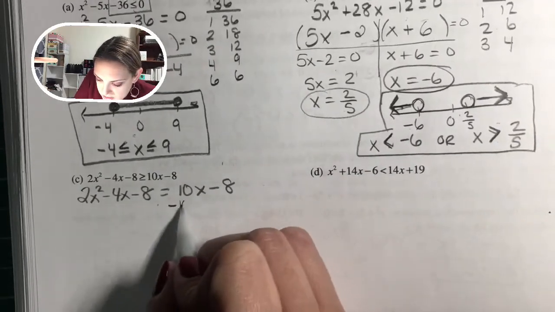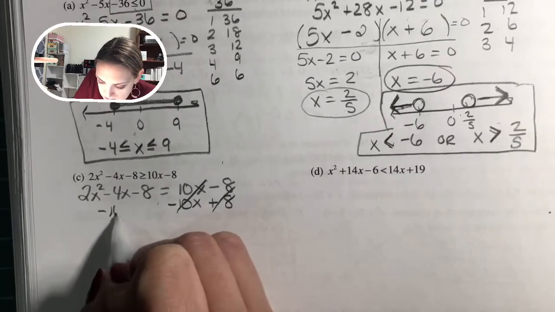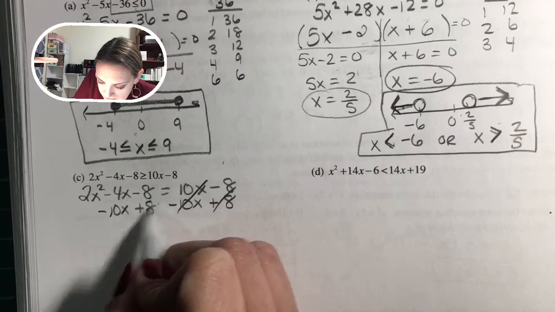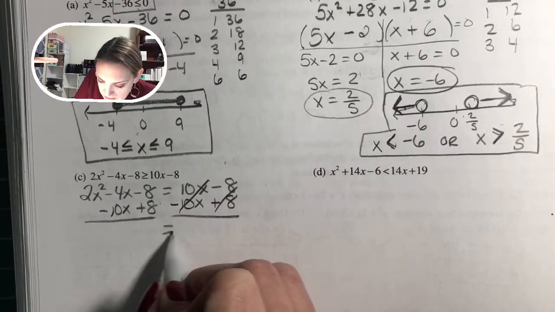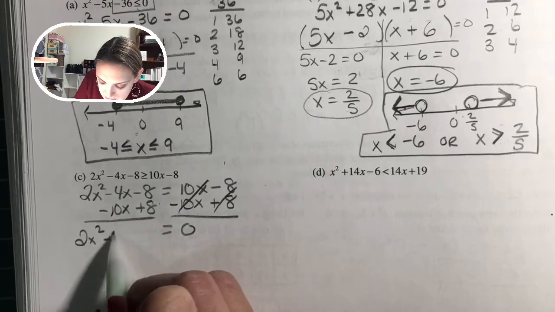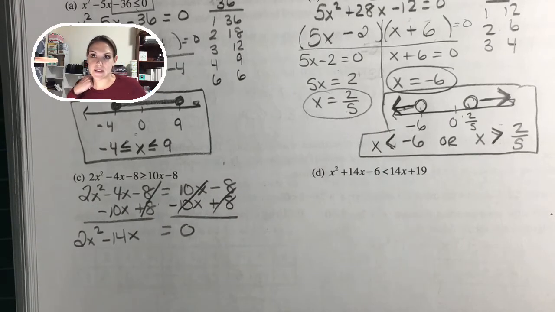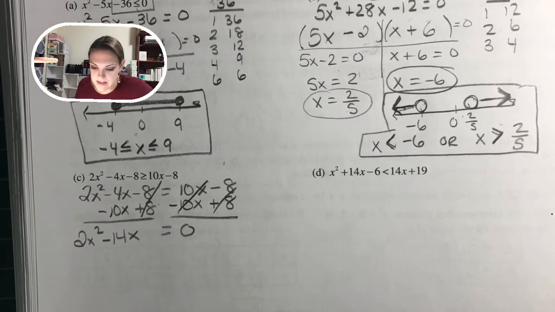So I'm going to subtract the 10x and add the 8, and I add down on this side. Just so happens that those are opposites and they cancel. Doesn't always, just happens in this case.